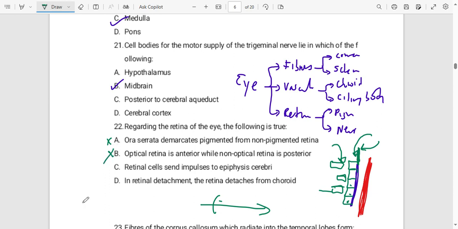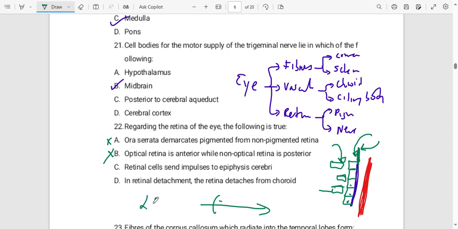Retinal cells send impulses to the epiphysis cerebri. Now we know that after the retina picks up visual sensations, we project to which part of the brain? Do we go to the pituitary gland?